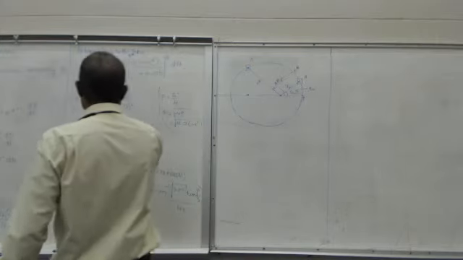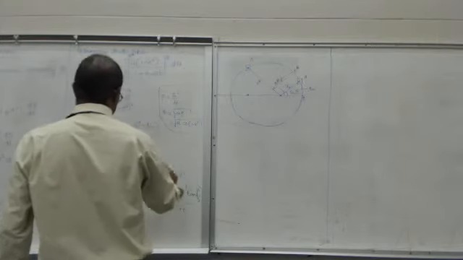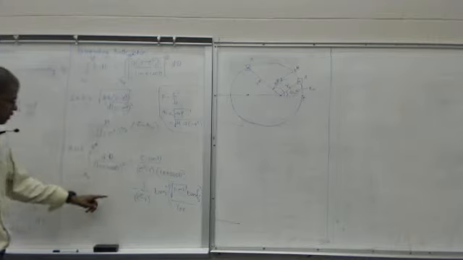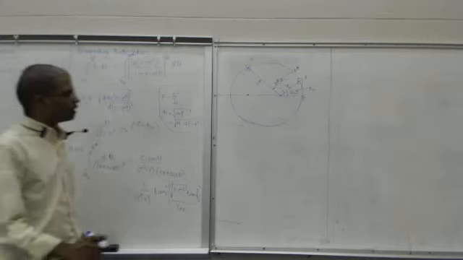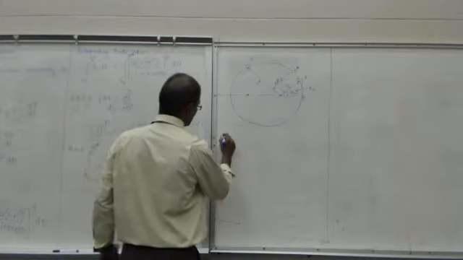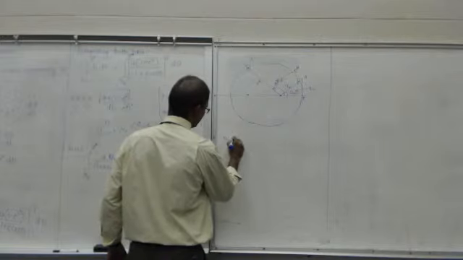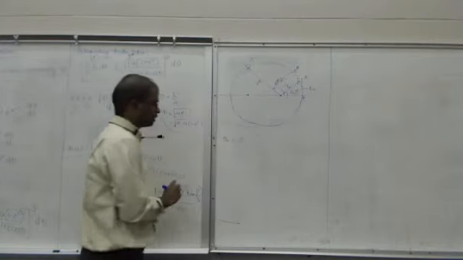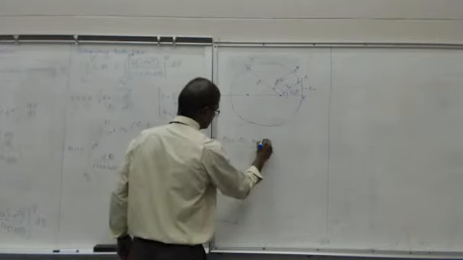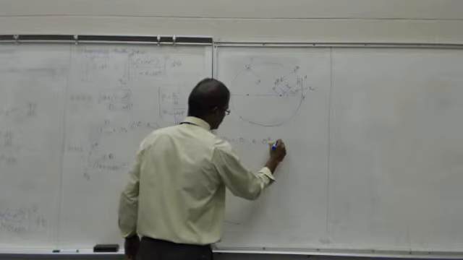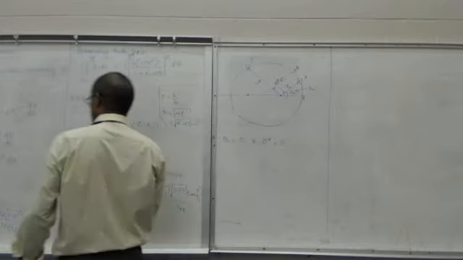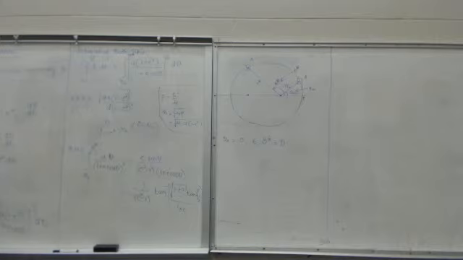If you solve this, you're going to end up with this. Let's assume theta naught is 0, okay? And theta star is some theta. Can you assume theta naught equal to 0? No? Maybe?